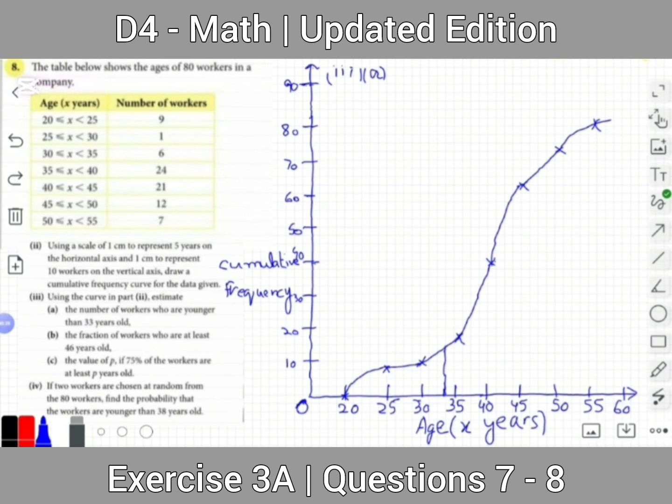Now from the point of intersection on the curve, we will draw a horizontal line until it touches the vertical axis. So here we have the reading of 10, 11 and 12. So here we have a reading of 12.